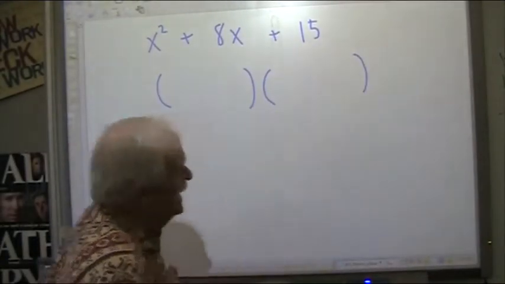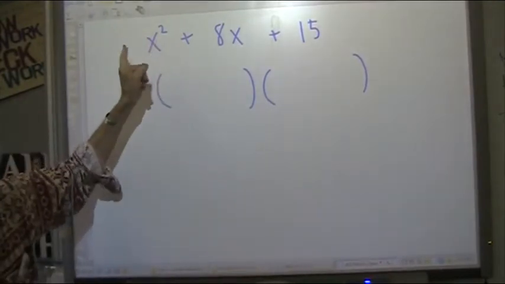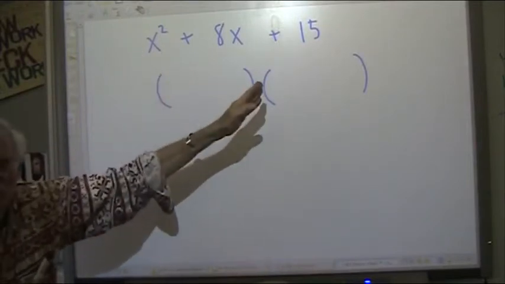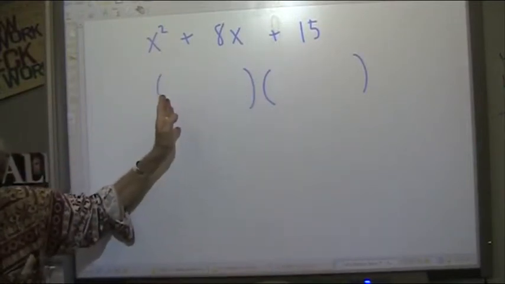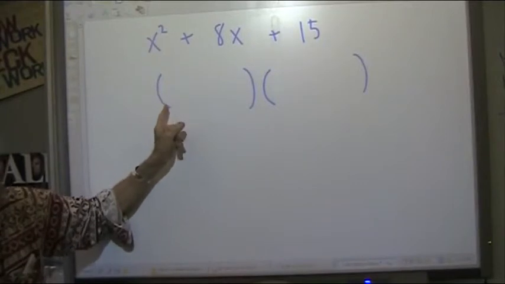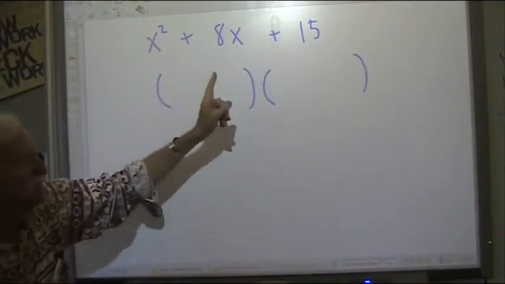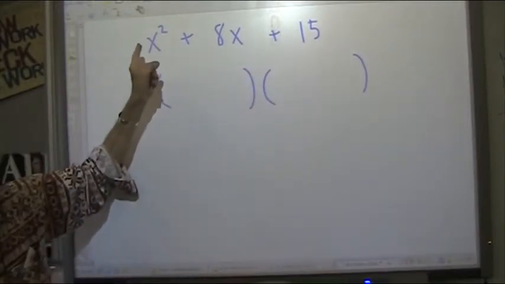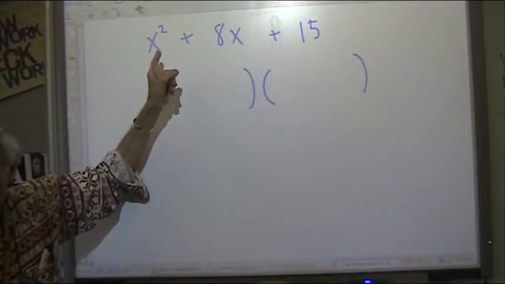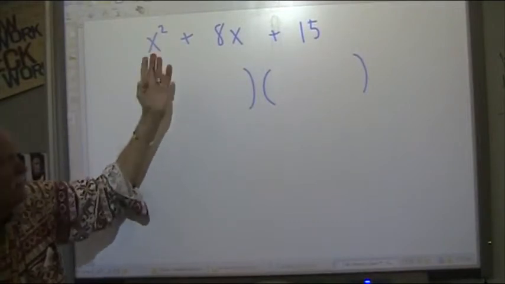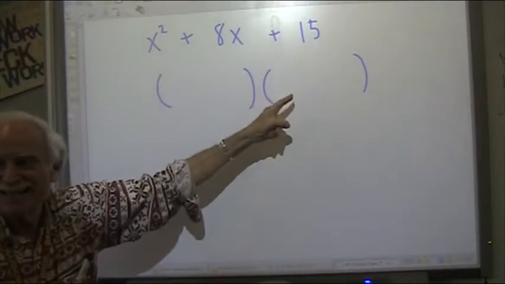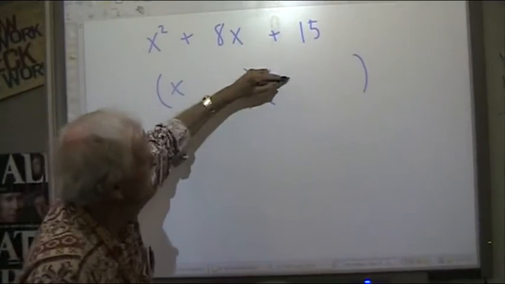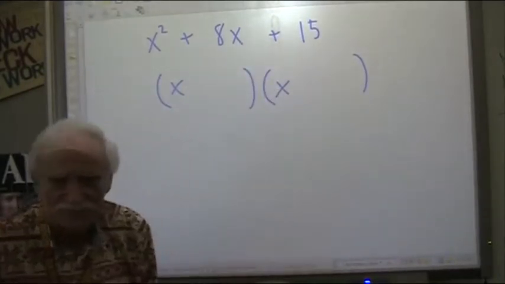I'm going to have a variable times a variable in the foiling process. I look at my first term, x squared, so it's got to be an x times an x. So I immediately put down the x and the x.